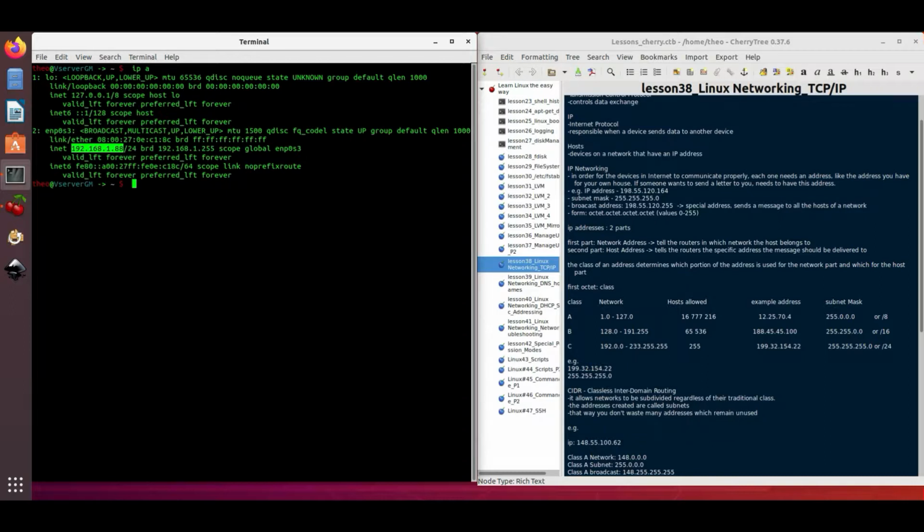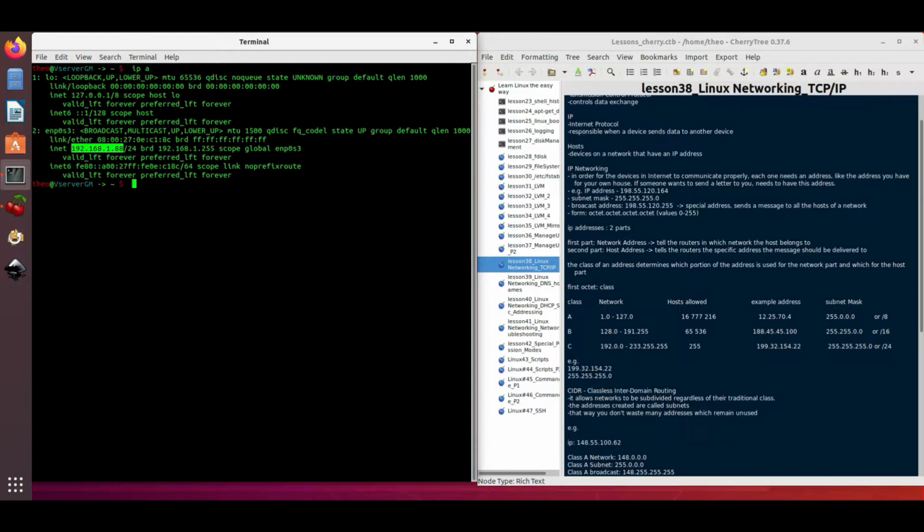Every IP address has a subnet mask. For example, 255.255.255.0, and it is also possible to show this as /8, /16, /24, or any other number of bits.